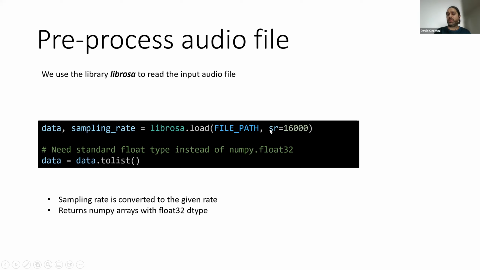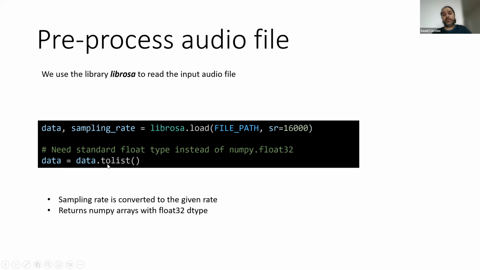The usual sampling rate is 16,000, and of course, the higher the number, the higher quality is the audio, like CDs are 48,000 and so on. But for research and for ASR systems, this is the number that is usually used, 16,000.